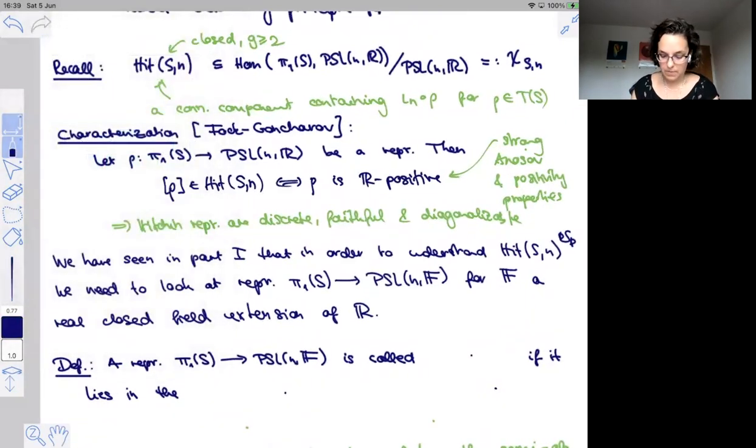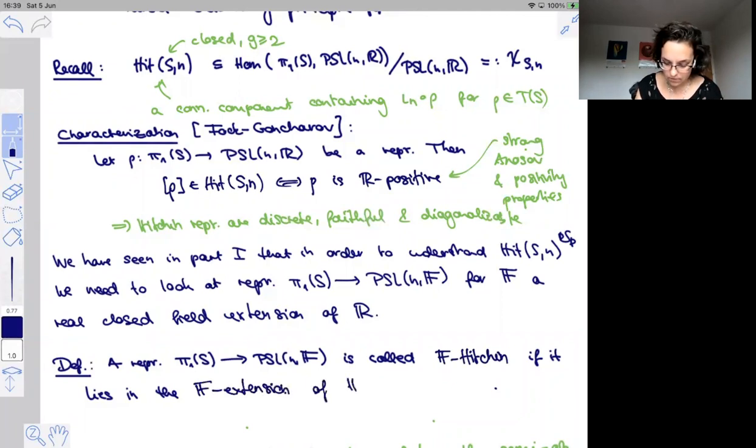A representation into PSLn F is called F-Hitchin if it lies in the F extension of the Hitchin component.